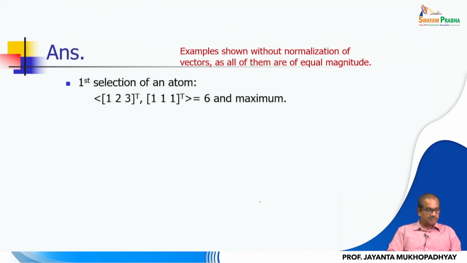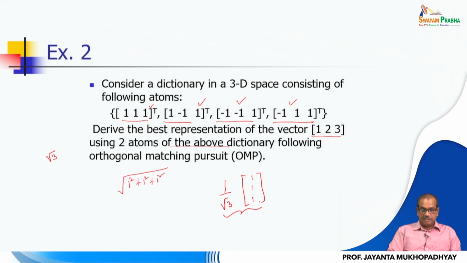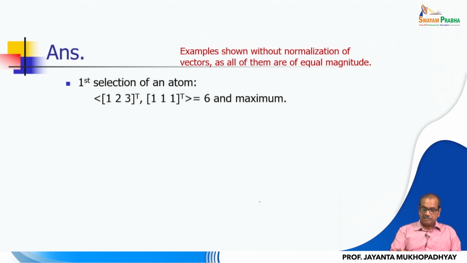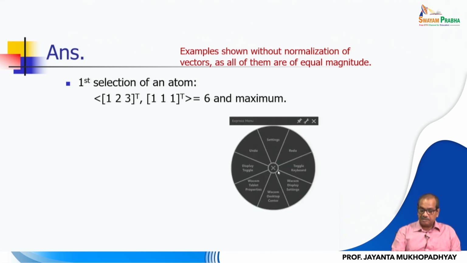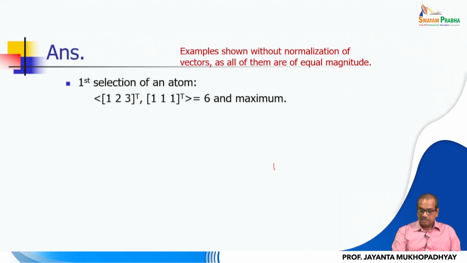If you take the dot product with the others, for example, let me consider 1, minus 1, 1. If I take the dot product with 1, 2, 3, we know it would be 1 minus 2 plus 3, that is 2.